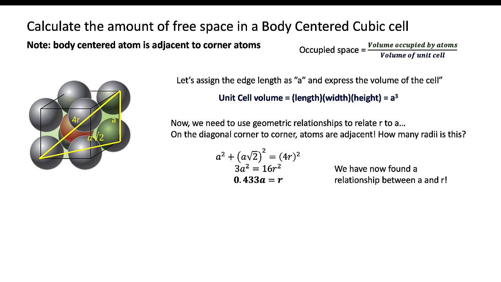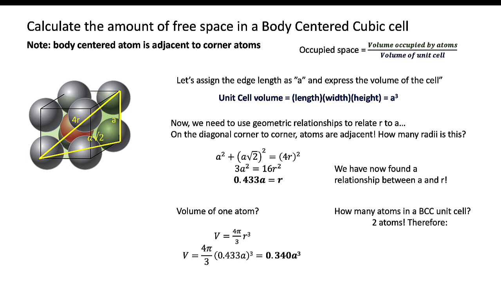With this relationship between A and R, that's great because what's the volume of a single atom? Well, it's a sphere, 4/3 pi r cubed, and we can get that in terms of A. If we plug in our expression for R, the volume of one of these spheres is 0.340A cubed. That's what we've gotten from the volume formula. How many atoms?